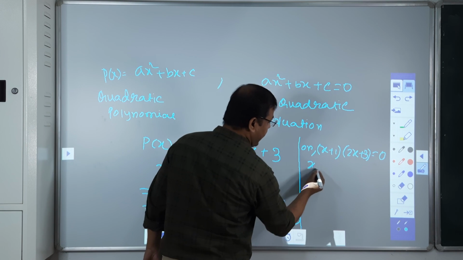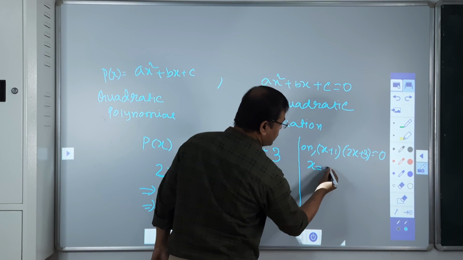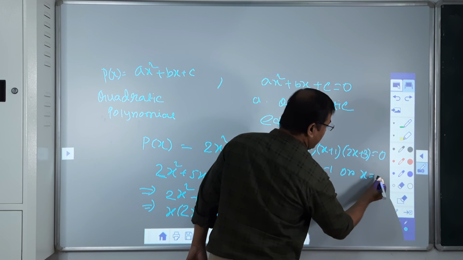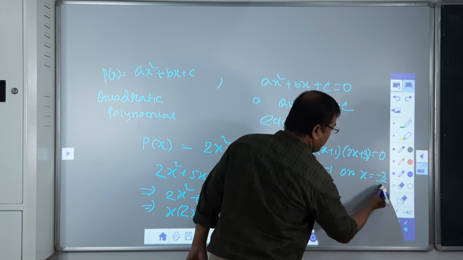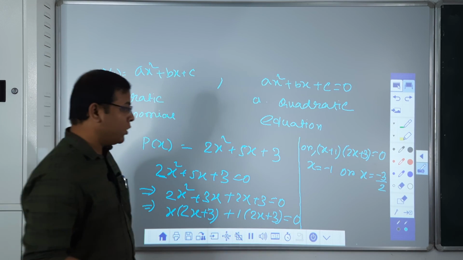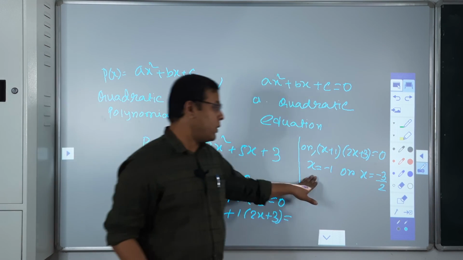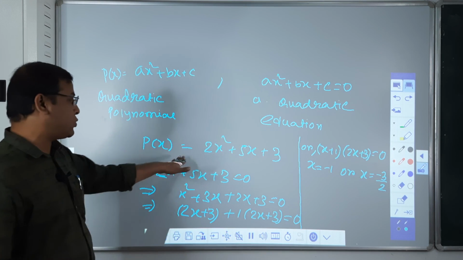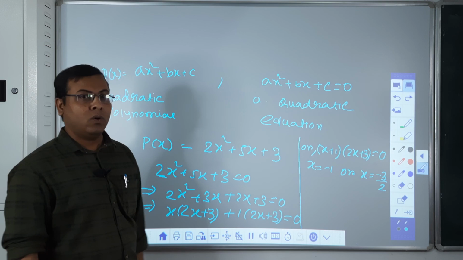This implies x is equal to minus 1 or x is equal to minus 3 by 2. So x equal to minus 1 and x equal to minus 3 by 2 are the two zeros of this quadratic polynomial. Okay, thank you.